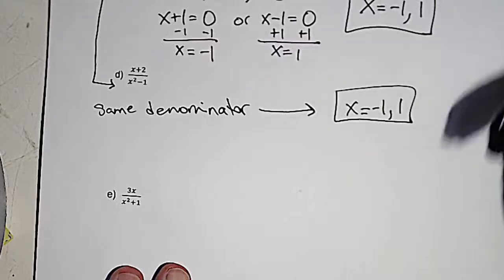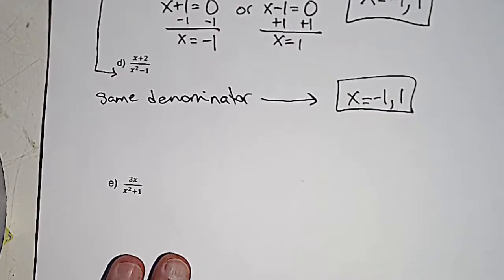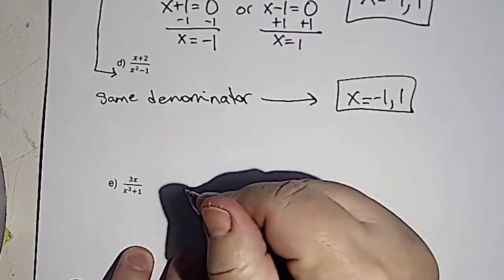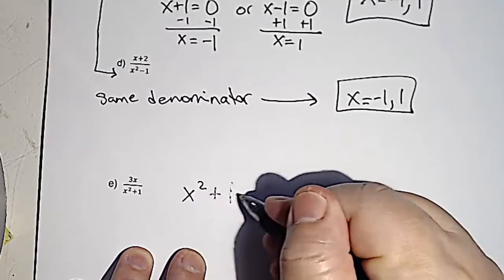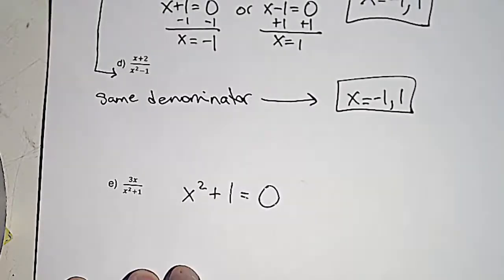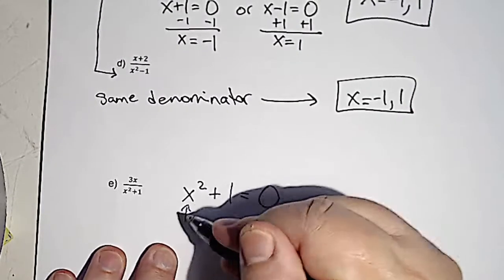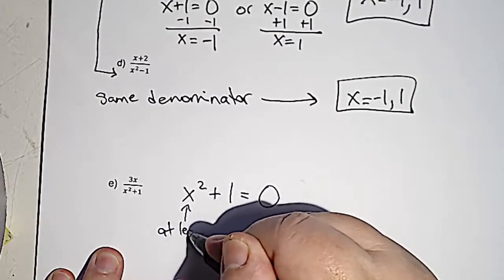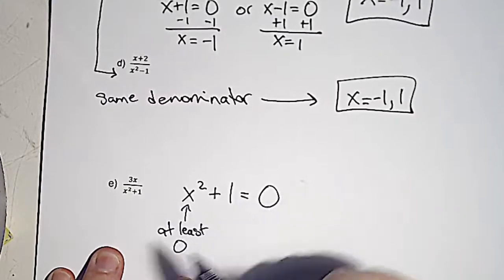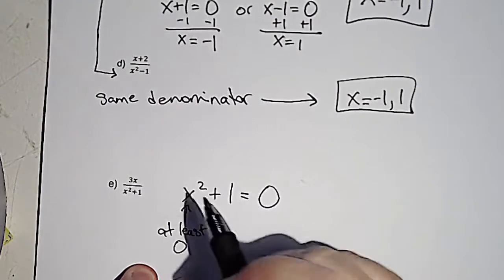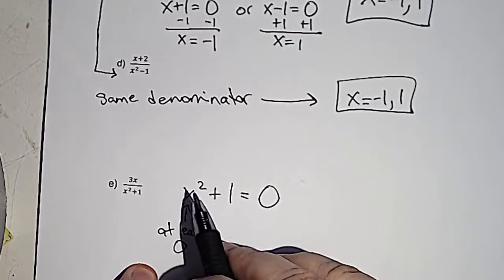Okay, how about this last one? x squared plus 1 equals 0. Well, I'll tell you something that happens. So let's take a really close look at this. X squared is at least 0. Why do I say that? Well, when x is 0, x squared is 0.